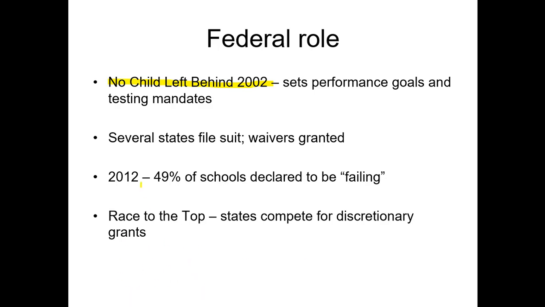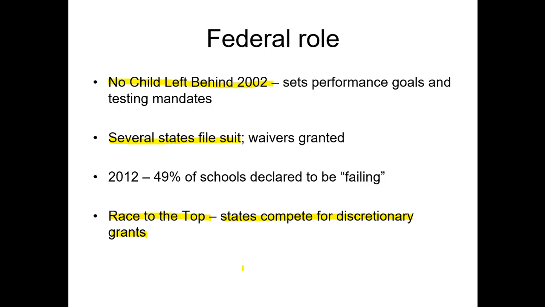Lots of suits were filed against that. Waivers were granted for states to perhaps not have to comply with certain things. And of course, part of that, along with No Child Left Behind, was Race to the Top, from the Obama administration, which tried to initiate a little bit more competition between states for grants to improve their education system rather than have requirements imposed upon them.